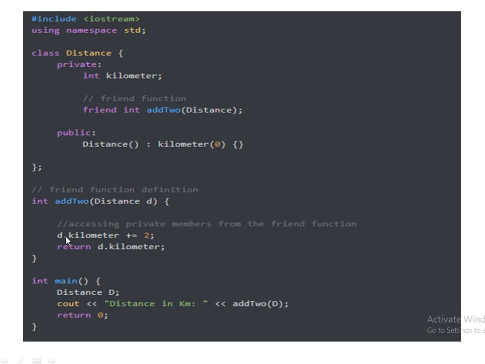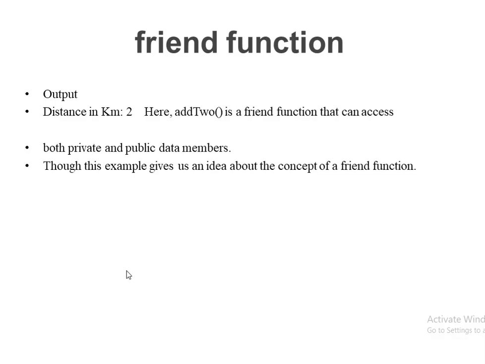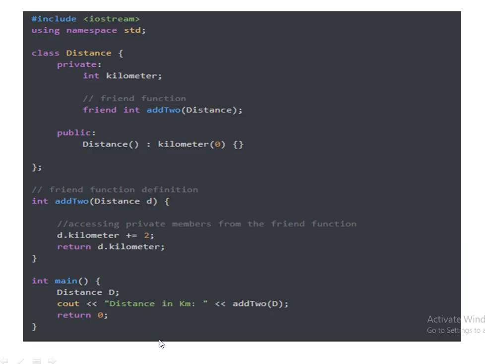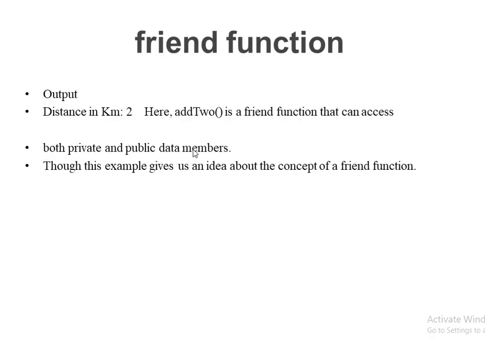With the help of the object of this class distance, d dot kilometer plus equals 2, we are accessing that private parameter. The output will be distance in kilometer 2. Whatever value is passed to add to d, it will be added, so 0 plus 2 gives the value 2 for the distance.